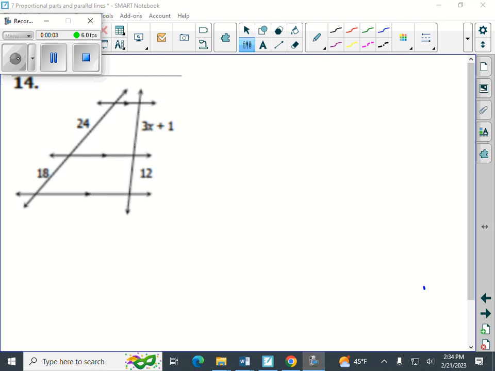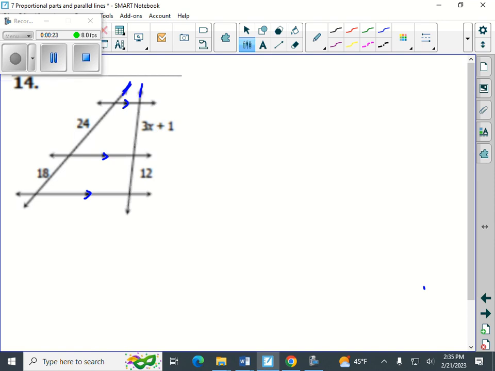Problem number 14 on page 25, we're still finding the value of x, and just to point out that we have three parallel lines. Here's our indications, three parallel lines, and then this is a transversal and this is a transversal.